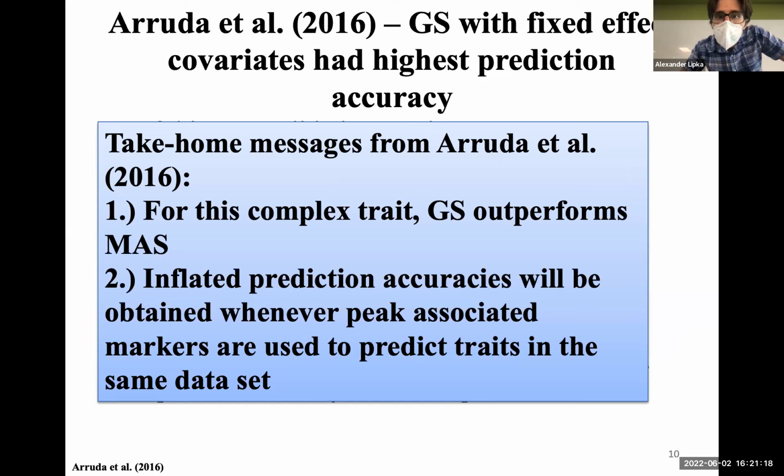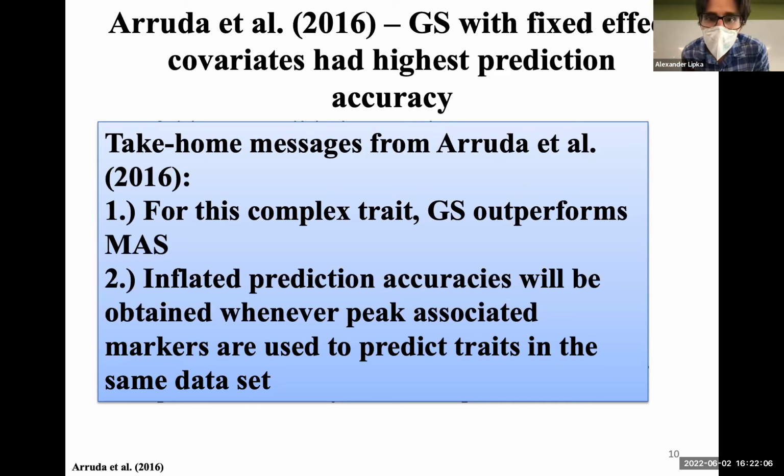Okay, I got 3 questions that I'll answer really quickly. Does it mean we should not use SNPs associated with the traits? No, I think you can use SNPs associated with the traits, but just make sure you're not using the same data set for marker-assisted selection that you are for your GWAS. What about enlarging the training population with working germplasm available in a breeding program? I think you can do that, but you would again want to make sure that you separate out your GWAS into a training set so that you use your peak associated markers in an independent set of data.